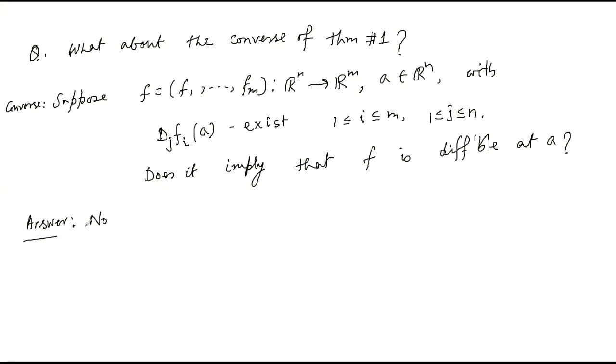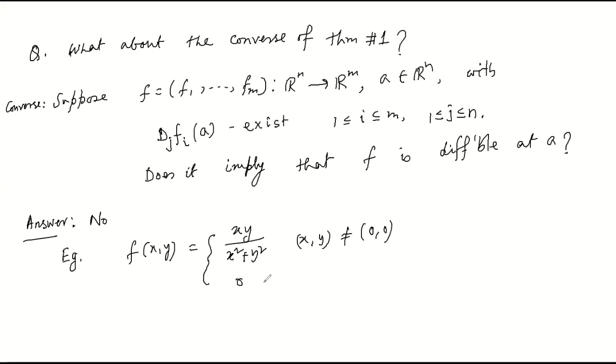So for evidence, we have the following counterexample. Consider f(x,y) equal to xy over x squared plus y squared, where (x,y) is not equal to (0,0), and for (x,y) equal to (0,0), the functional value is 0.